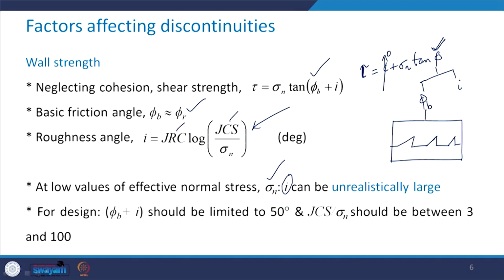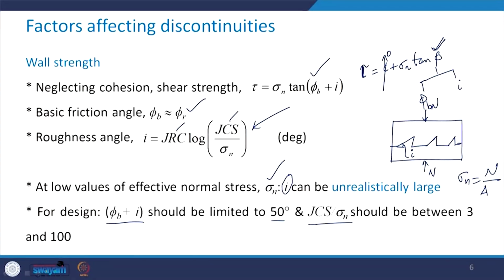When you have a very small value of, say, the normal load, sigma n will be capital N upon A. At a very small value of sigma n, this value of i can be unrealistically very large. We need to keep this in mind: for design, this quantity phi b plus i should be limited to 50 degrees. Even if i is very large and phi b plus i works out to be, say, more than 50, we have to limit it to 50 degrees.